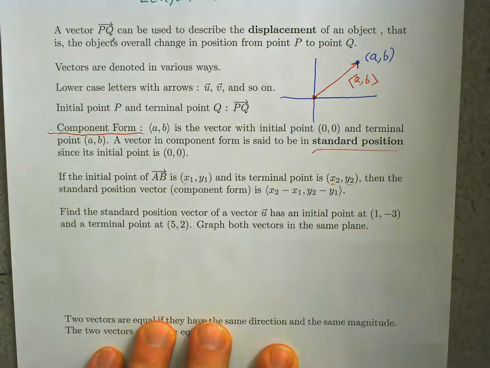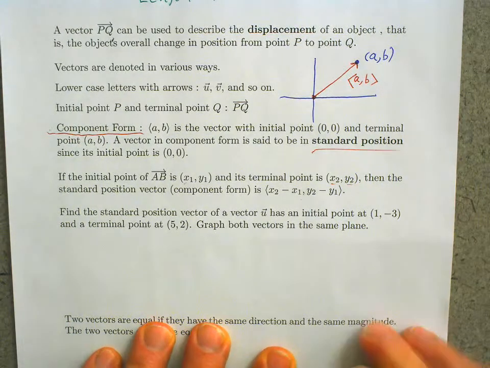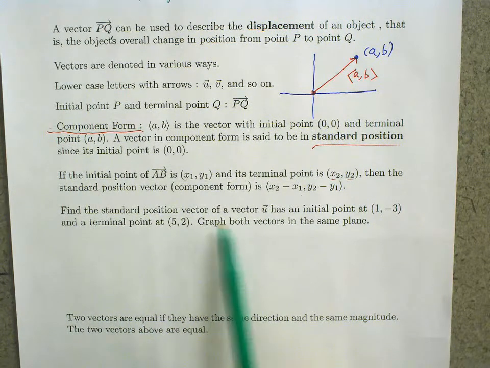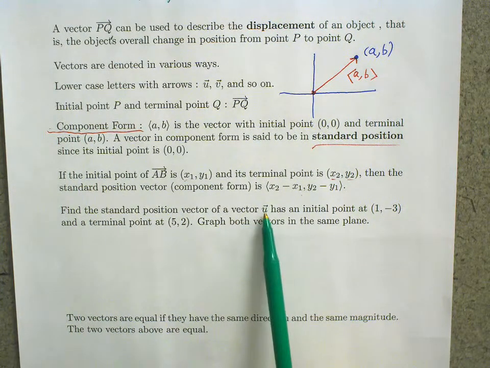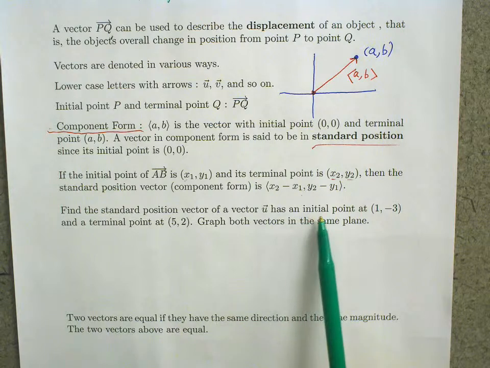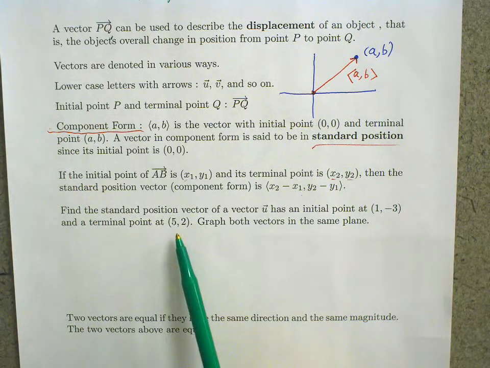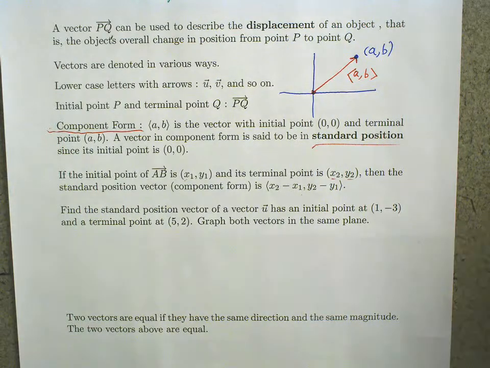Okay, so in this example, this says find the standard position vector of a vector u that has an initial point at (1, -3) and a terminal point at (5, 2).